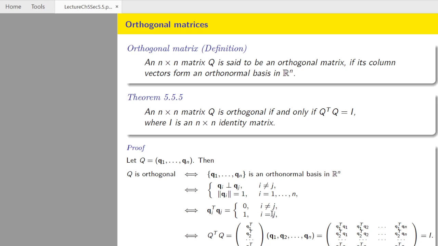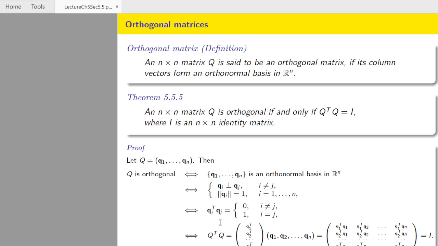Then when i and j are the same, that means we talk about the same vector, Qi and Qi make the inner product, or scalar product. That equals 1. So we get this form for the inner product between Qi and Qj.